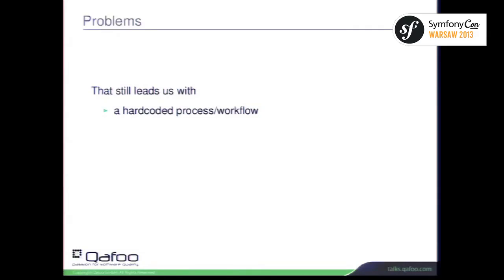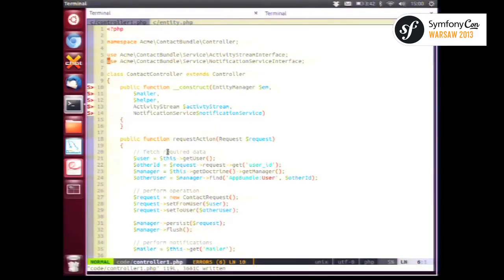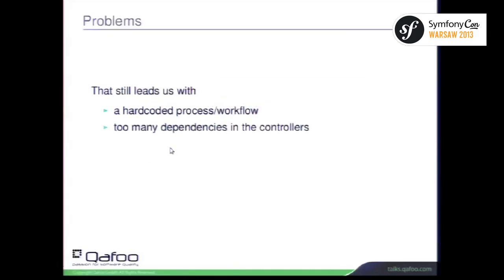So this still leaves us with problems. We still have a hard-coded process and workflow. We still have in our actions a sort of recipe of how everything works. We can't really change it without changing most of the code. We also still have way too many dependencies in the controller, so we still need to fix that.